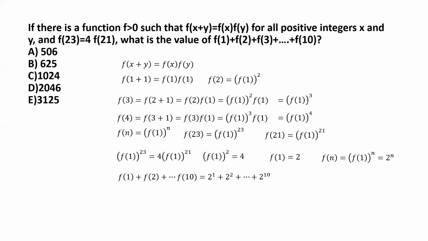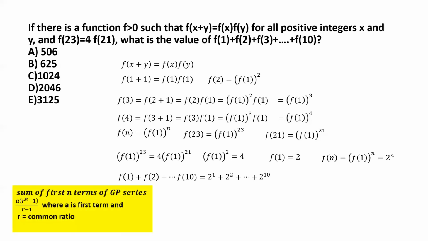Here we can apply the formula for the sum of a GP series, which is a multiplied by (r to the power n minus 1) in the numerator, and in the denominator we have r minus 1, where a is the first term and r is the common ratio.